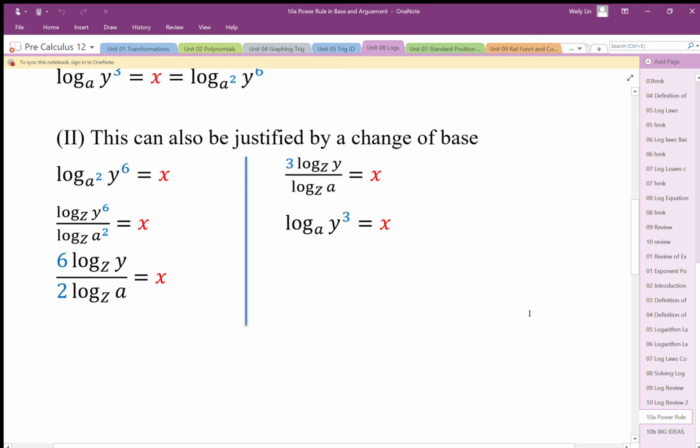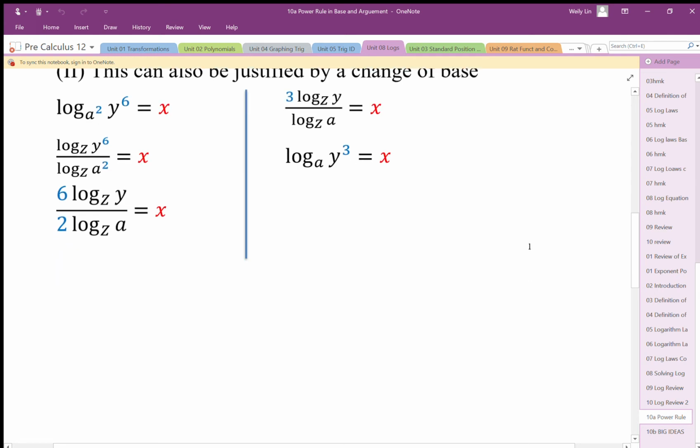And we can justify this by, we can see that, yeah, if we use the power rule here, we can justify the ratio of those powers being reduced.